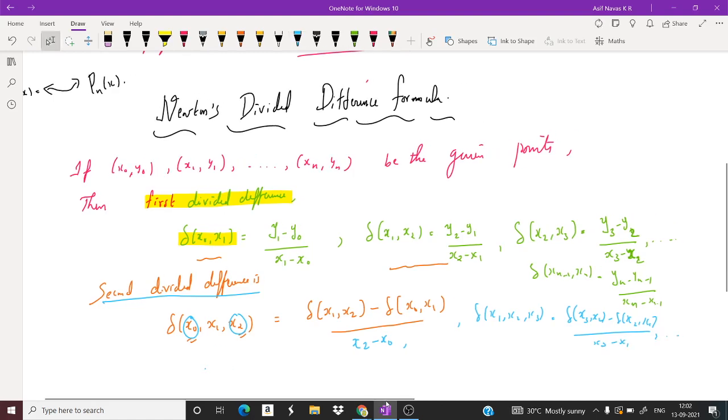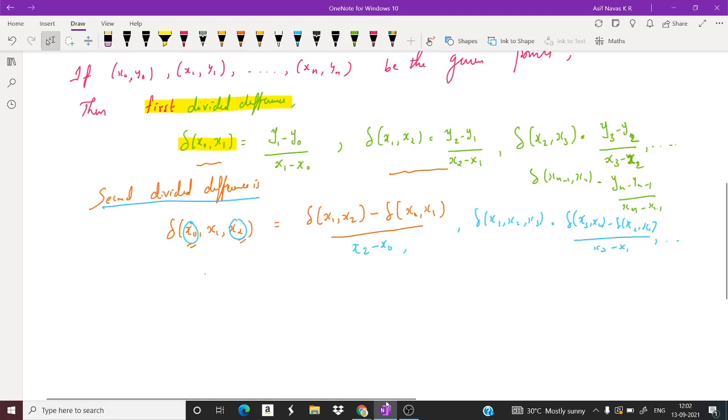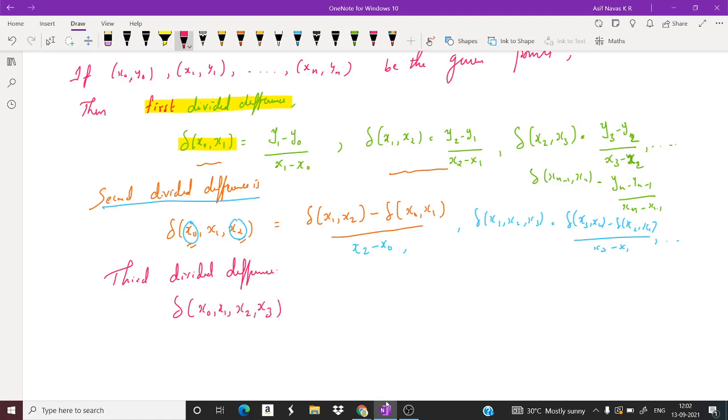Similarly, the third divided difference, we will denote it by delta x naught x1 x2 x3.